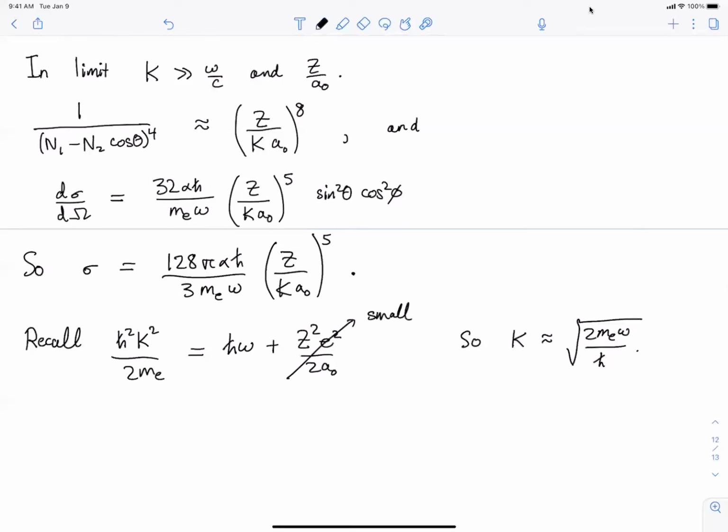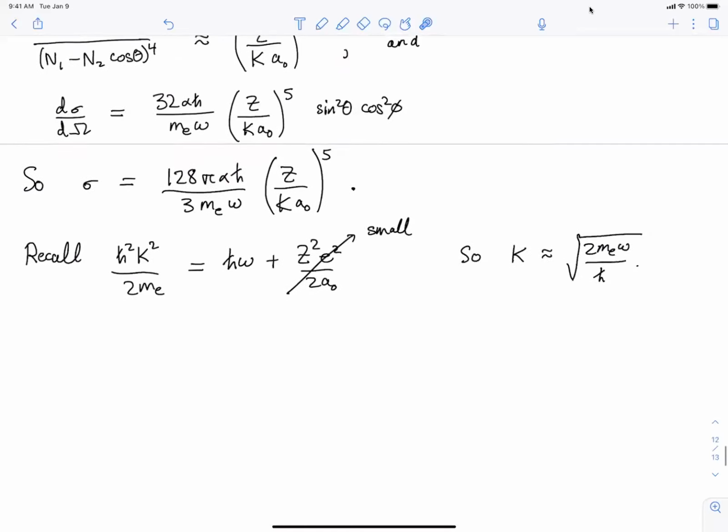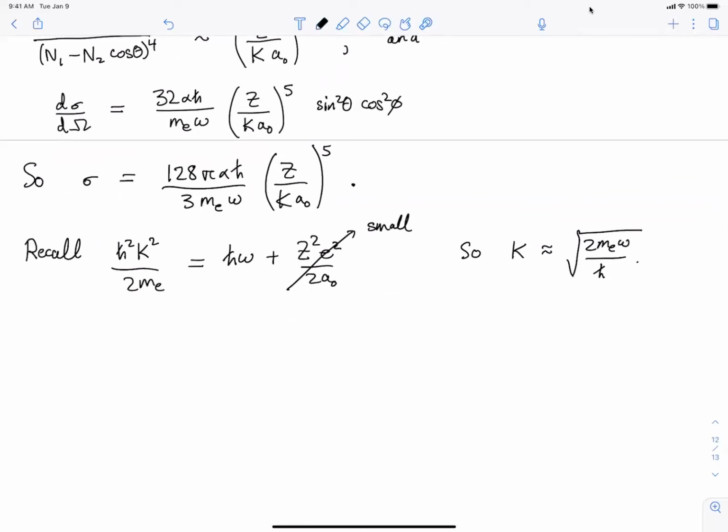So we can go ahead and plug that in for K, and then rewrite the other factors like the Bohr radius here and the fine structure constant. We can rewrite those in terms of the binding energy of the electron in its initial state. And so the cross section ends up looking like this.